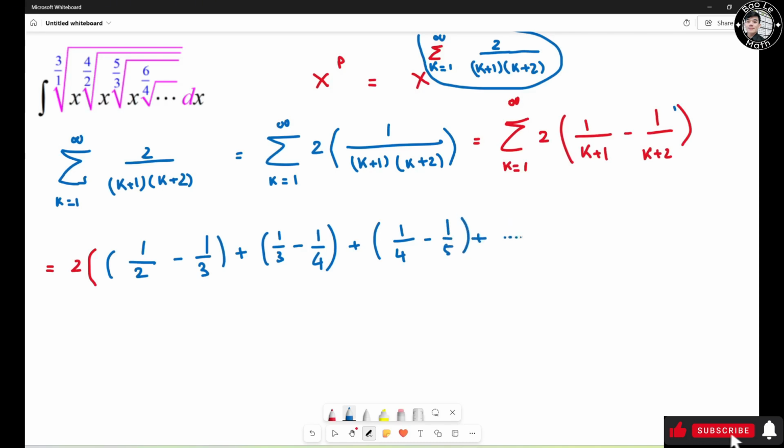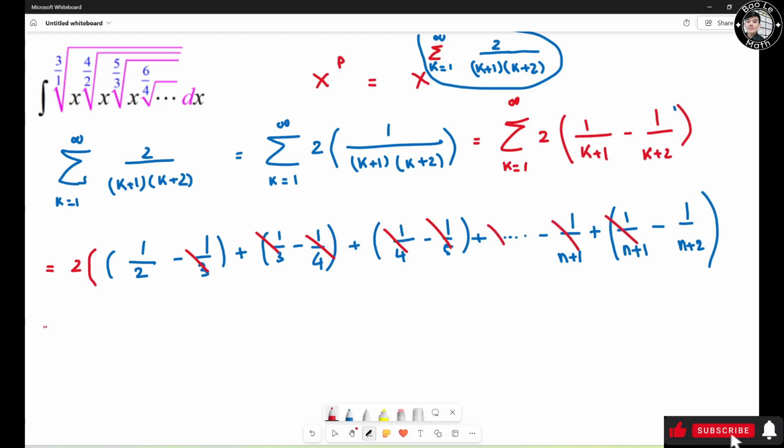Plus etc., subtract 1 over n plus 1, plus 1 over n plus 1 subtract 1 over n plus 2. This is the last term. So we see that this cancels out, this cancels out, this cancels out, this cancels out.